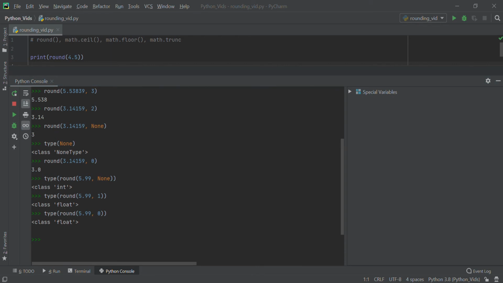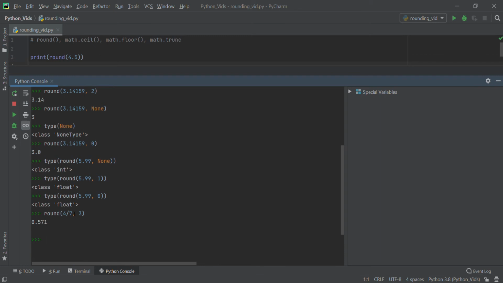Okay, the last couple of cool things with rounding, you can use an expression instead of a value for this first value. So say you want to do round 4 divided by 7, comma 3. Okay, well, this is actually going to give you something. It gives you this. Well, what is happening here?